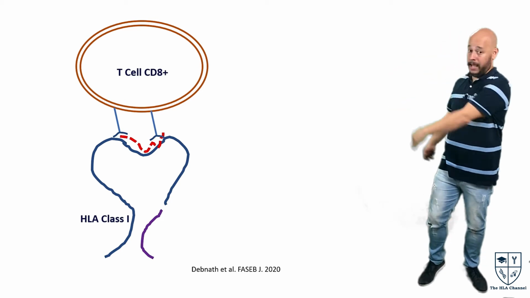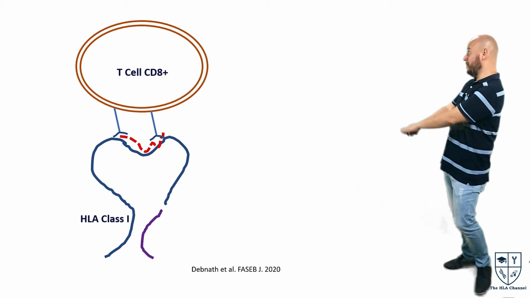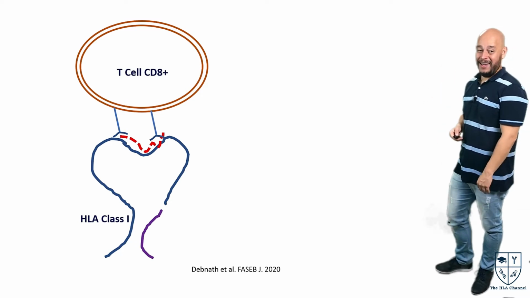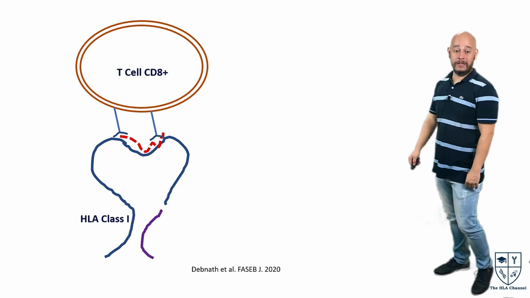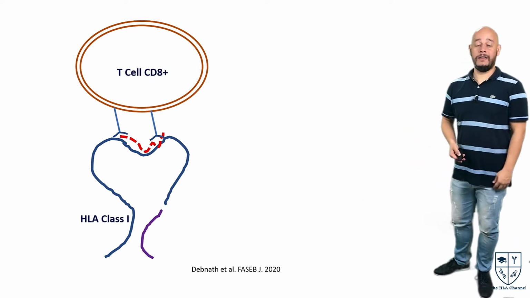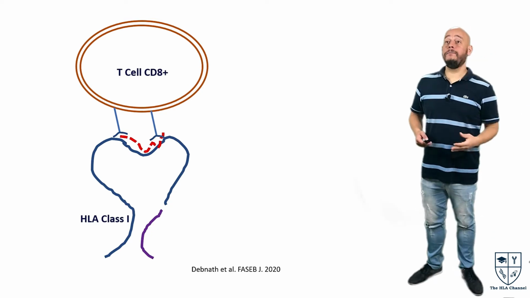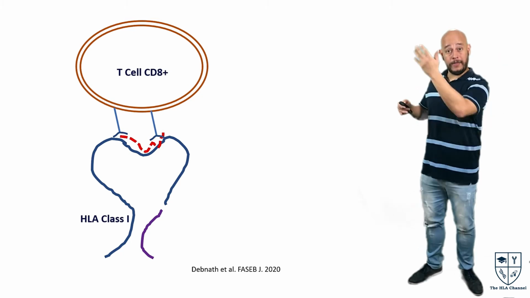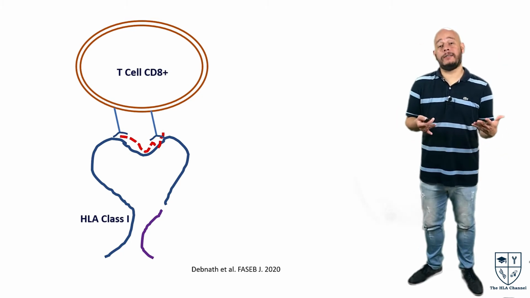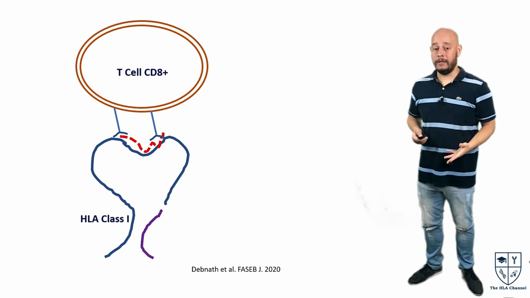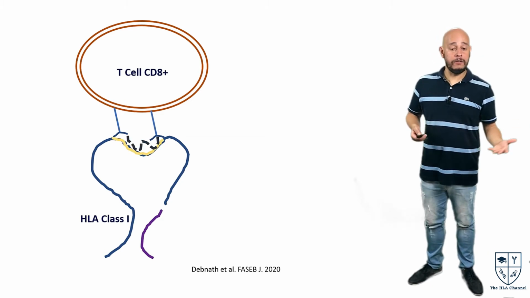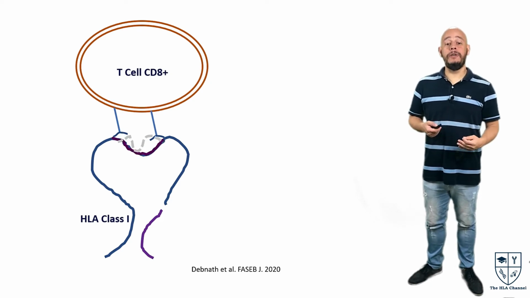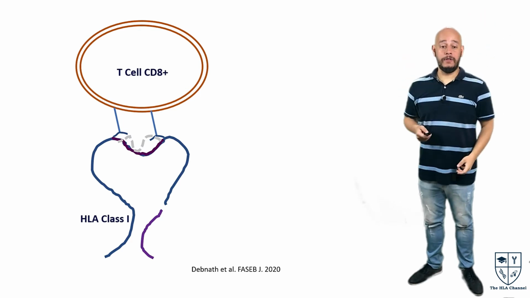In this example, we have a beautiful class 1 molecule that I drew, and now we have a CD8 positive cell attached to this HLA molecule. If you have a variation, modification, or mutation in this groove of the HLA molecule, it will affect which peptide will be presented. So if you have a mutation in the HLA molecule, different peptides will be shown in the groove, right?